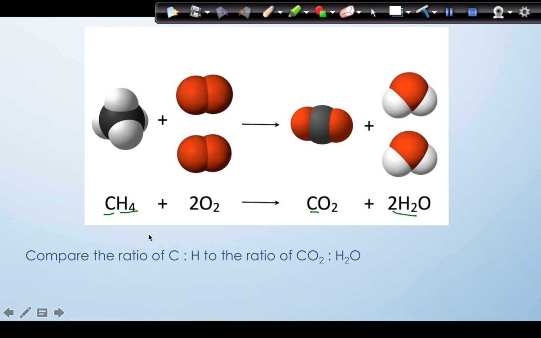So the C to H here is 1 to 4, but the CO2 to H2O is 1 to 2. So in order to find out how much hydrogen was in the original reactant, we always need to multiply our moles of water by 2 because there are 2 H's in every 1 H2O.